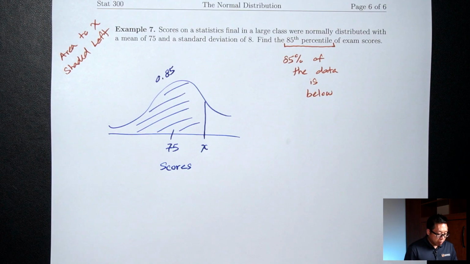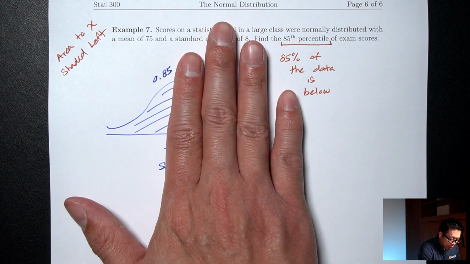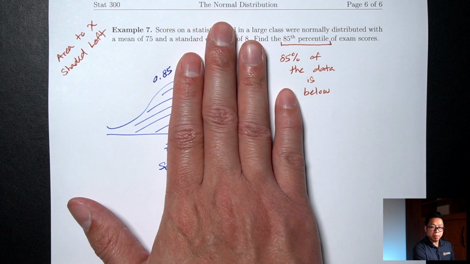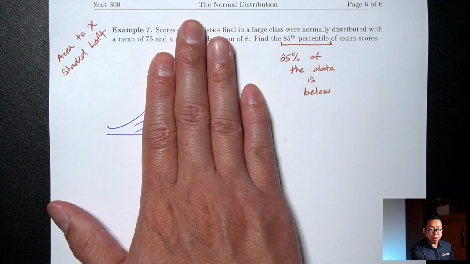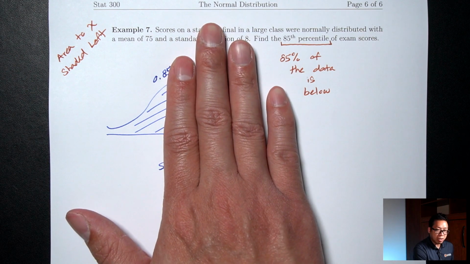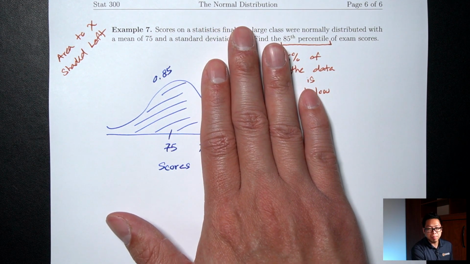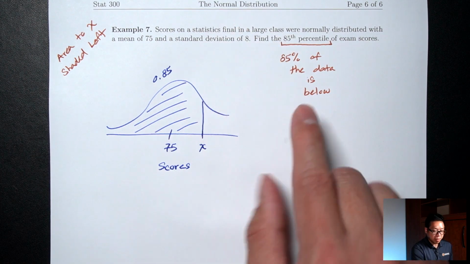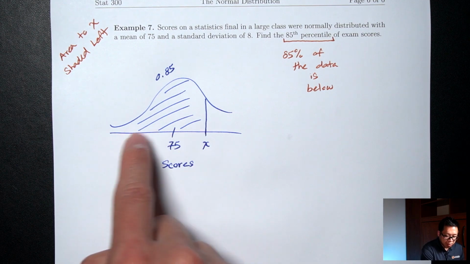Now, why do I know that the x is on the right side here? Well, I know that that's 50%. If the x is on the left side, then I have that area to the left, which is less than 50%. So because I want an area of 85%, it would have to be over here, to get an area that's big enough to be 85%. So once again, it's not that important that you have the x on the right side.